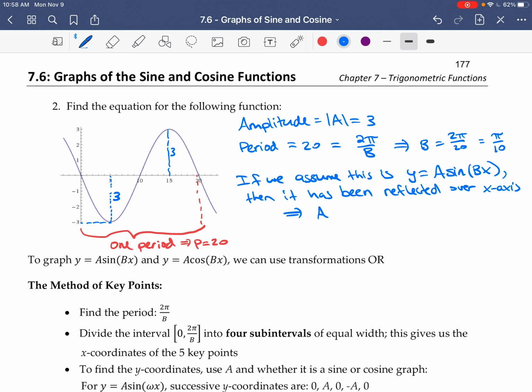So that means that our a value should be negative. We knew that the absolute value of a was 3, but it actually means that a should be negative 3. So our equation is going to be y equals negative 3 sine of pi over 10 x.